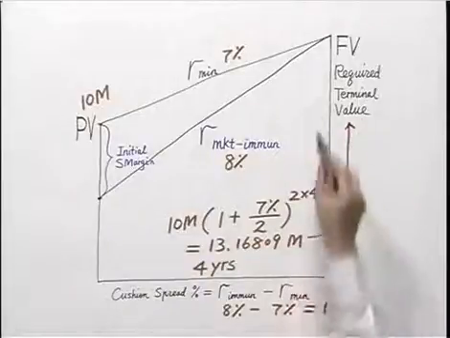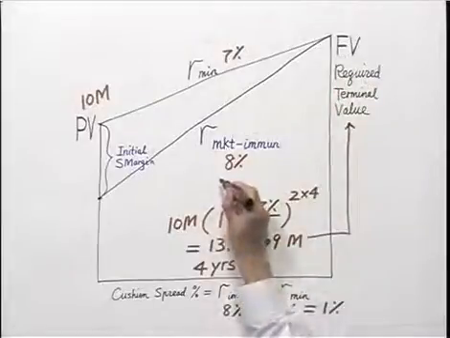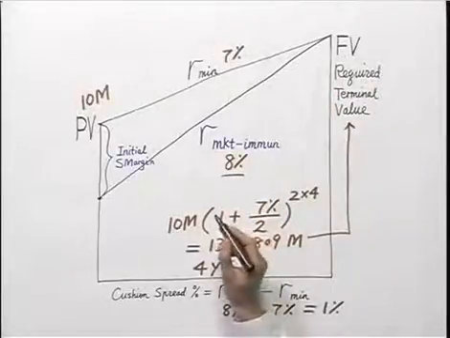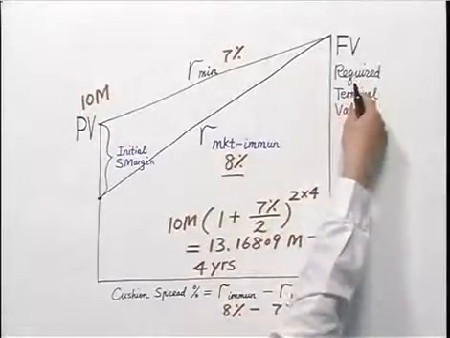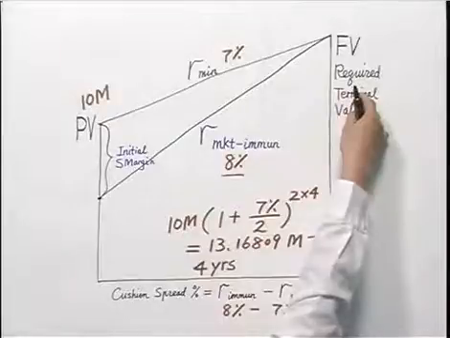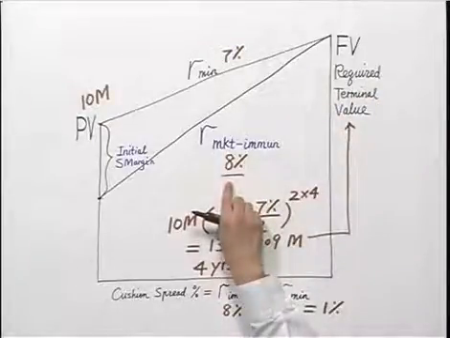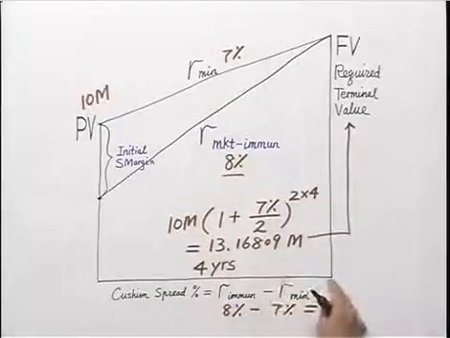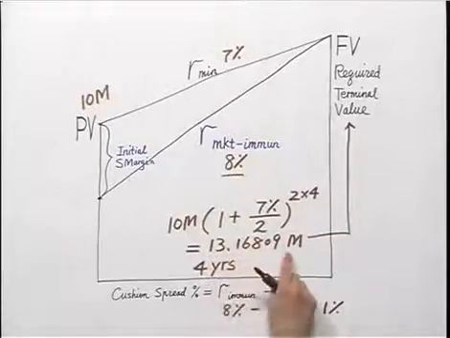Then from that required terminal value, if we immunize our portfolio today, and to immunize, it's easy. To meet that future required terminal value, you just buy a zero coupon bond giving you 8%, and that zero coupon bond will mature 4 years from today at a value of 13.168 million.